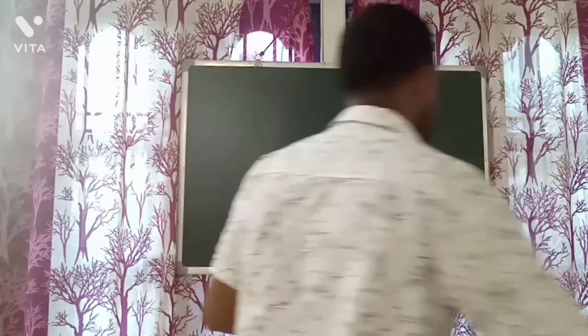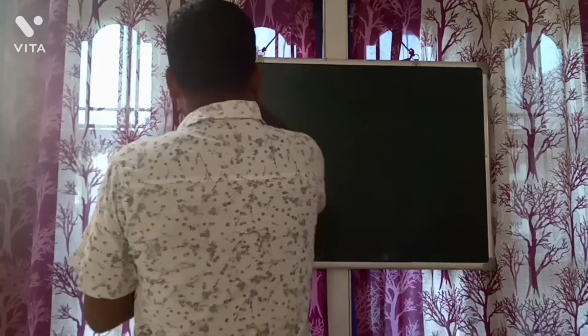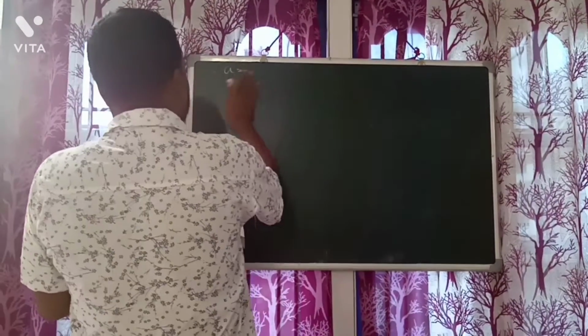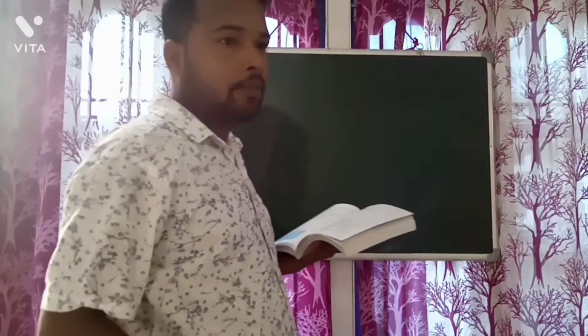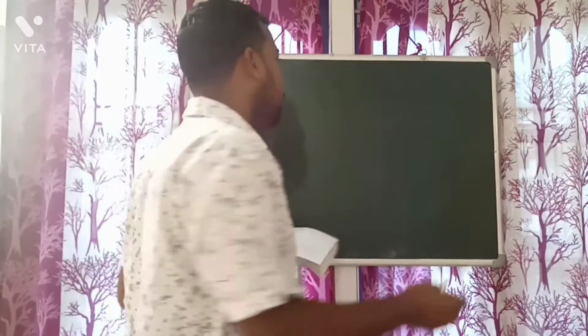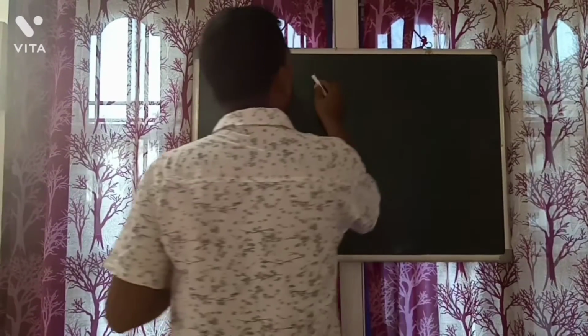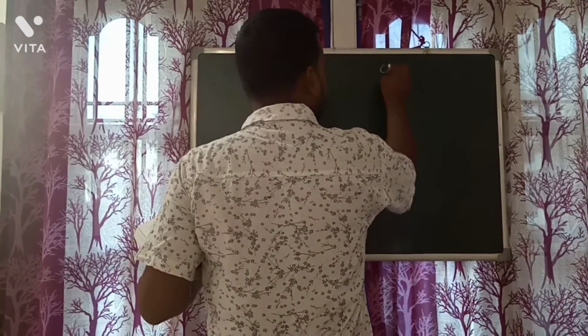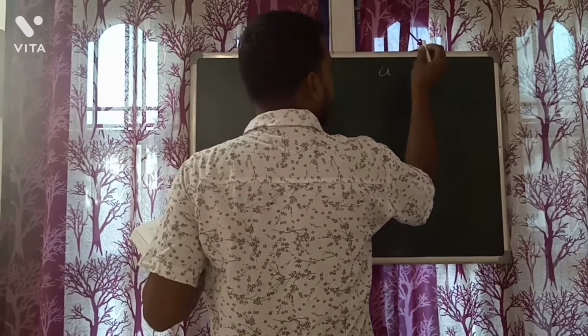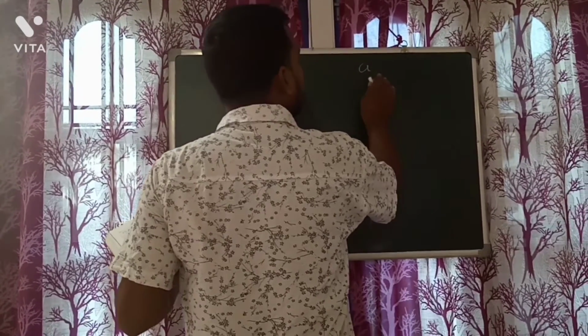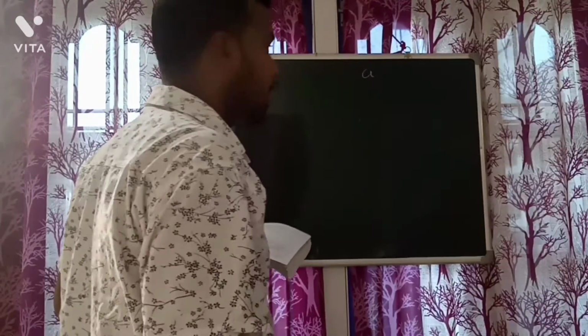First one, see first one. Before that, I already told one formula. If we know A and D, A meaning the first term and D meaning the common difference, then we are able to find any term.